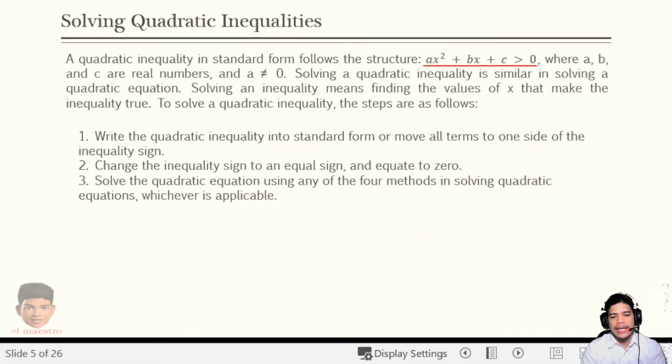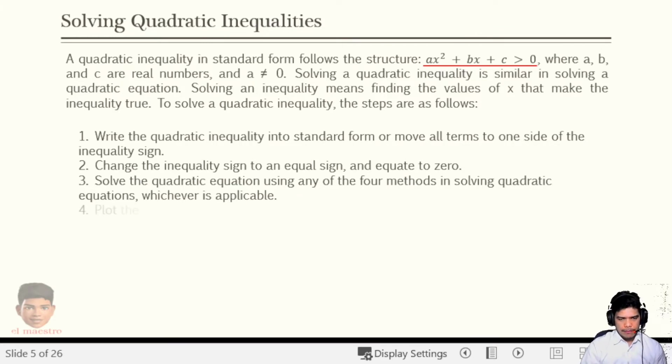Then, solve quadratic equation using any four methods in solving quadratic equation, whichever is applicable. Again, we have using quadratic formula, we can have factoring, completing the square. So actually, yun yung mga different methods on how to solve quadratic equation.